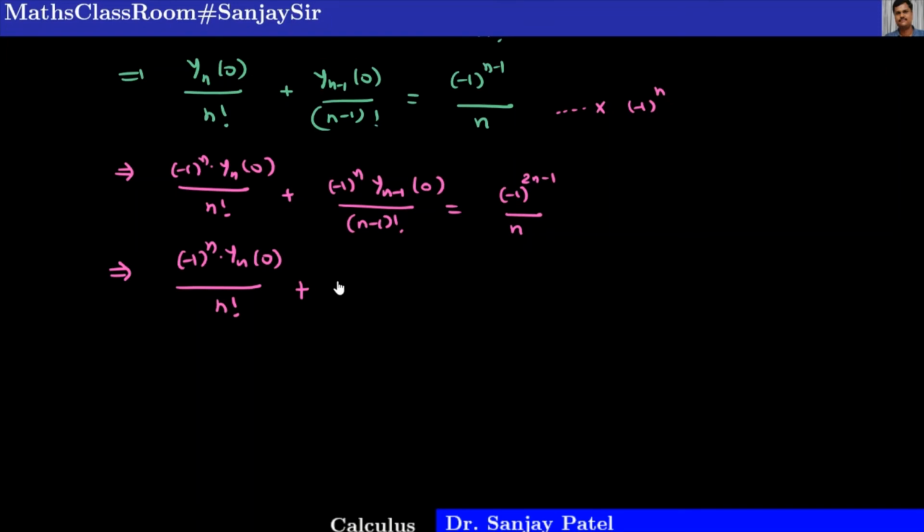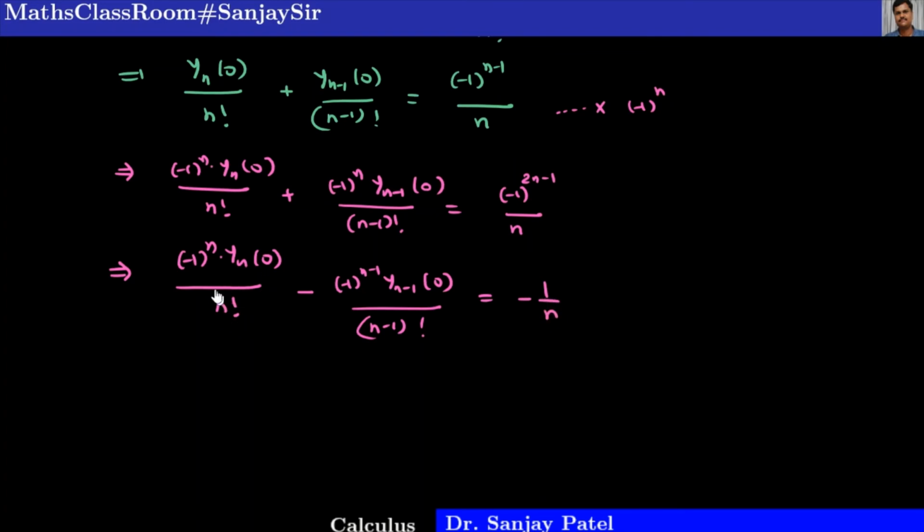So let me write this way: minus 1 raised to n minus 1 y(n minus 1)(0) upon (n minus 1) factorial into minus 1. This minus 1 I can write here. This is minus 1 raised to 1 and minus 1 raised to n minus 1, that makes this minus 1 raised to n. And the right hand side is minus 1 upon n.